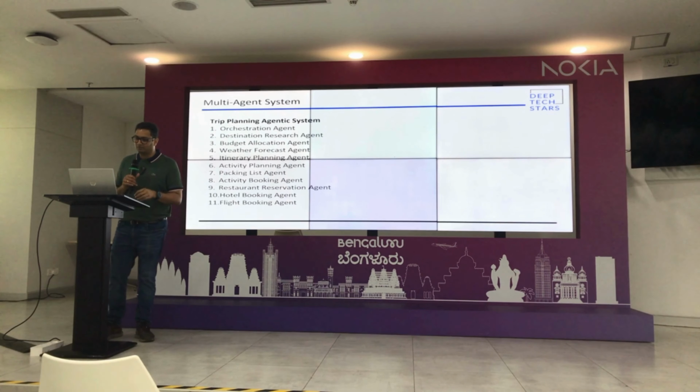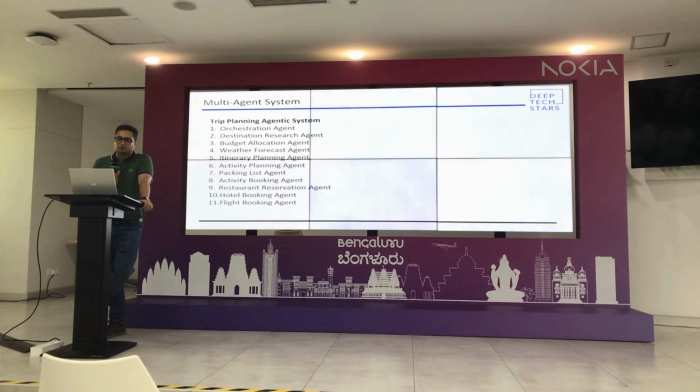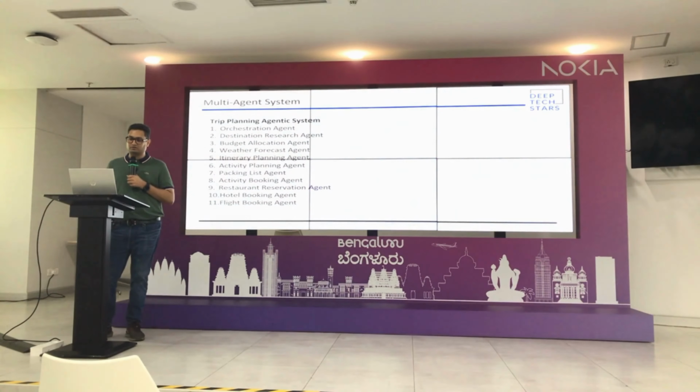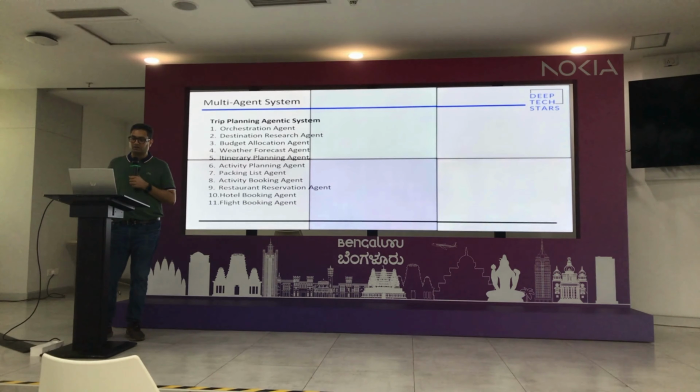So let's take that example of trip planning, right? A trip planning agent essentially will need multiple types of agents, each of which is very good at doing one specific activity, right? So we'll have our orchestration agent, which is the manager. We will have a research agent that looks at the destination and does its planning. We have a budget allocation agent, a weather forecast agent.